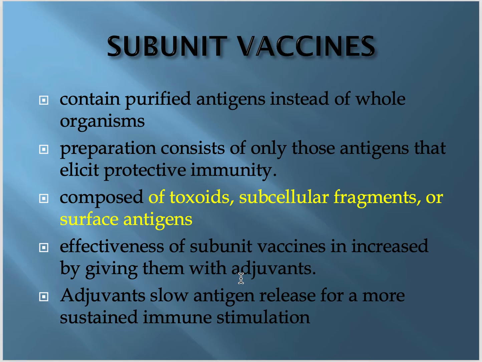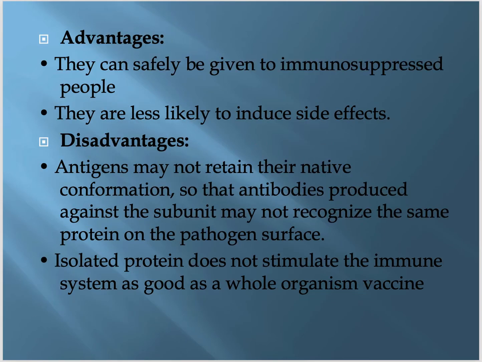Adjuvants usually work by slowing antigen release for a more sustained immune stimulation, okay. And the advantages of subunit vaccines: they can safely be given to immunosuppressed people. They are less likely to induce side effects.